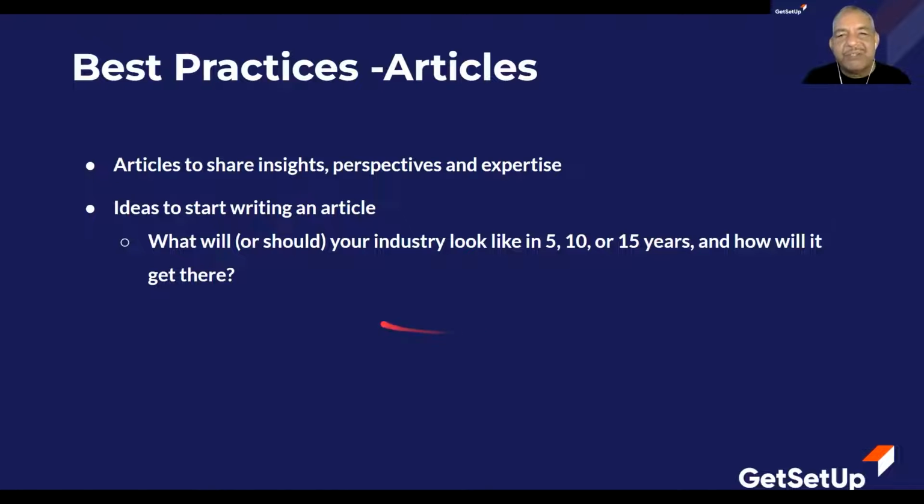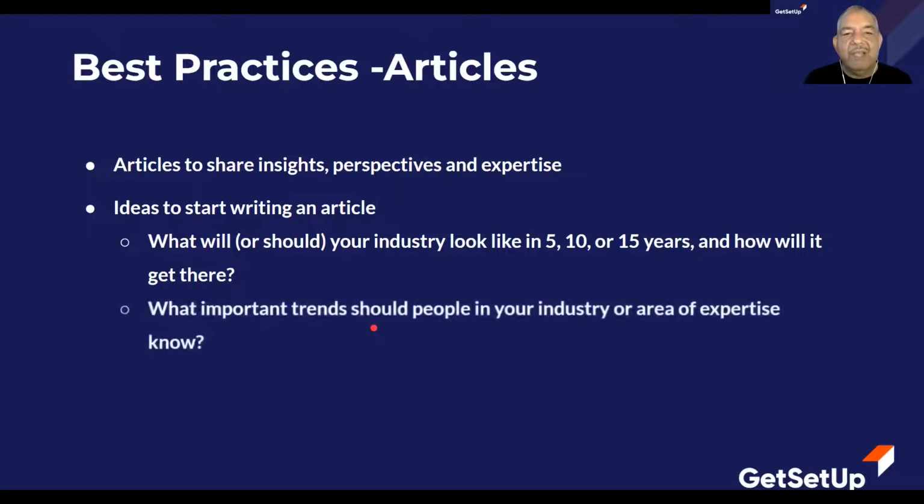Some kind of projections of where we are, some kind of comparison, what methods should be taken, things like that. Like, what important trends are there? If we are from an industry, definitely we have been following. So, what are the important trends that people should know about?